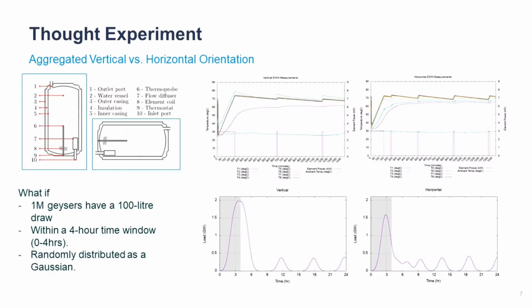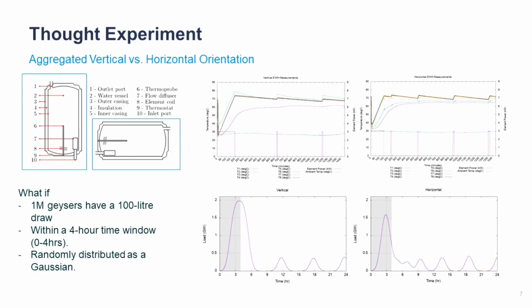We've got a resistive element, a thermostat, some kind of casing with insulation, and it's really just a vessel with an inlet and outlet port. This is a measurement that was made in the lab. This is a draw event, and these are the temperatures being replenished based on that draw event along the height of the tank.